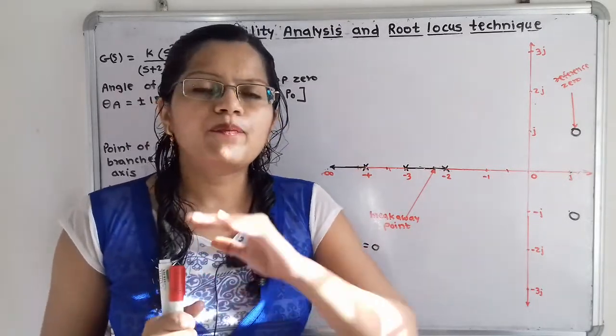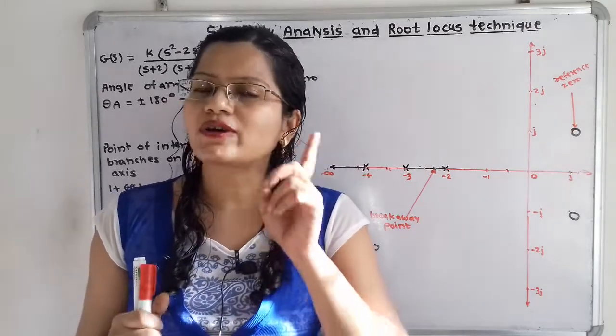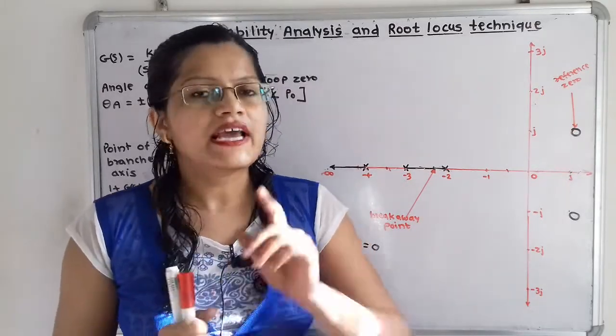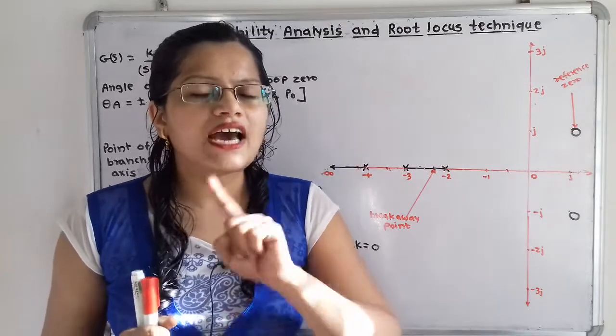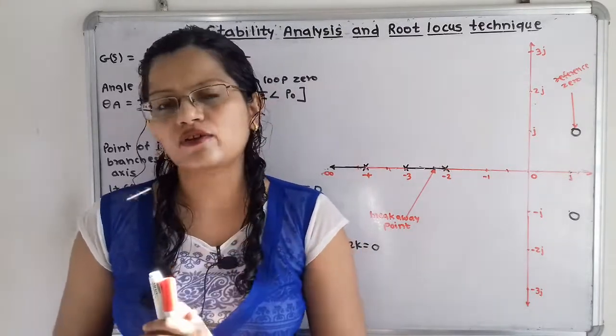When the poles are symmetric about the real axis, we have to calculate angle of departure, and when the zeros are symmetric about the real axis, we have to calculate the angle of arrival.